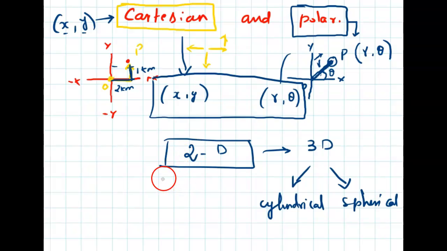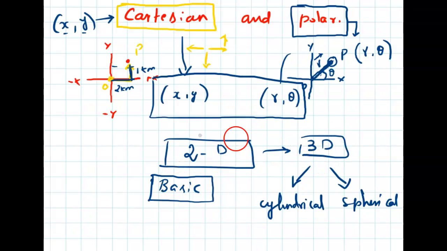So this Cartesian and polar coordinate system is the basic coordinate system for us. If we know the basic, a strong basic, then it will be very easy to understand 3D concepts. So let's discuss with some examples with the graph.